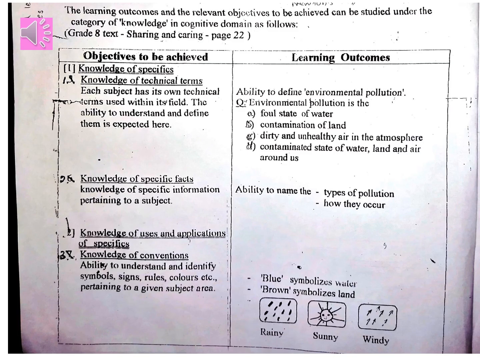There are 9 steps. Number 1, knowledge of specifics. Under that, knowledge of technical terms. Remember at least 3 things now. If you know the technical terms in a subject, then that part is relevant to knowledge.